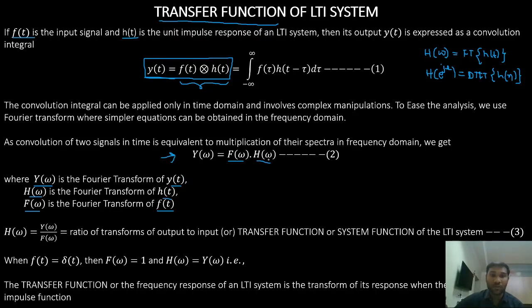Now h of omega is equal to, taking f of omega to the other side, y of omega by f of omega. That is the ratio of transforms of output to input, the transform of the output over the transform of the input.